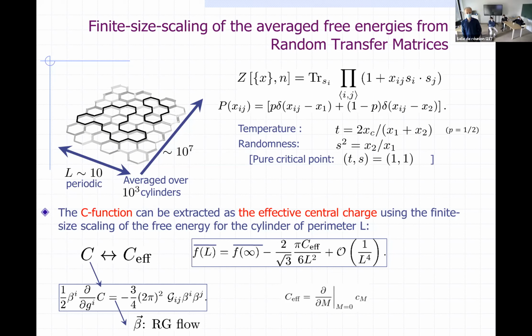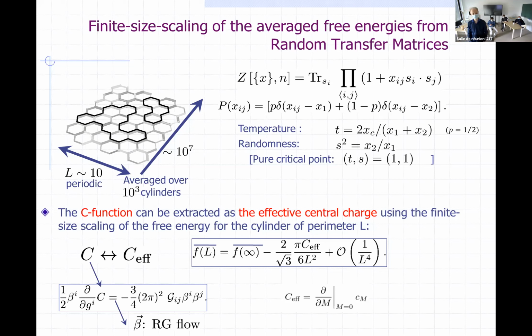This average free energy is measured in the transfer matrix formalism from the Lyapunov exponent of this product of random matrices, and it couples, as shown here in the box, to the effective central charge.